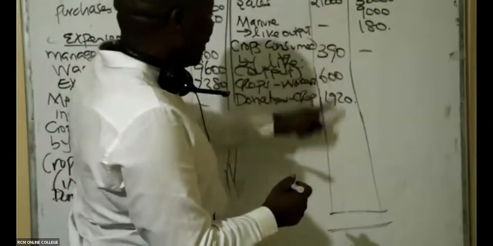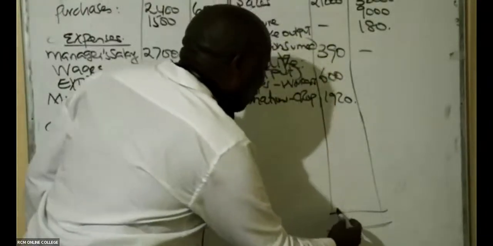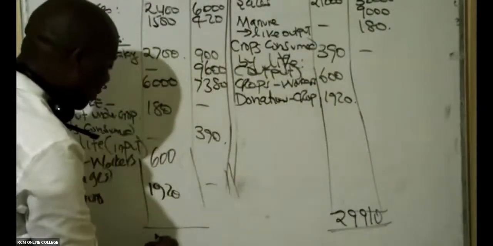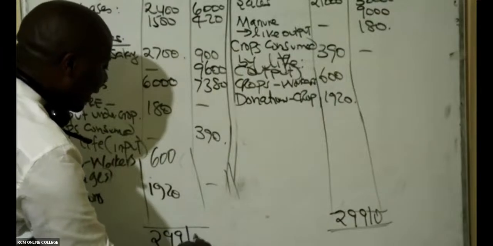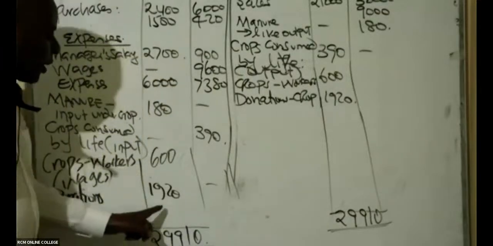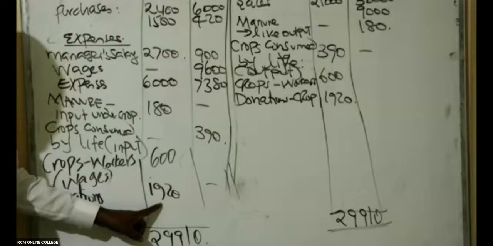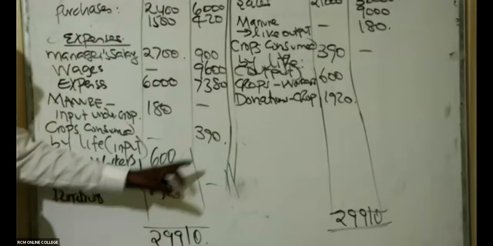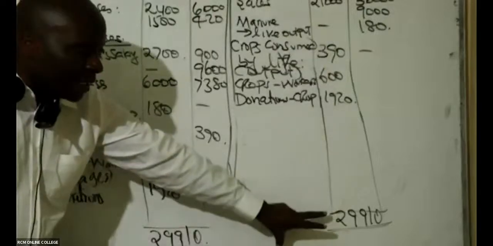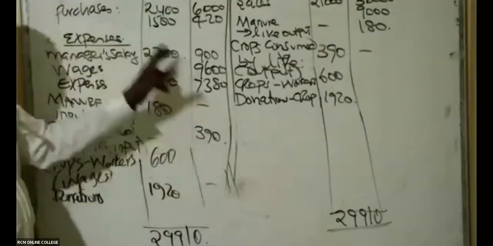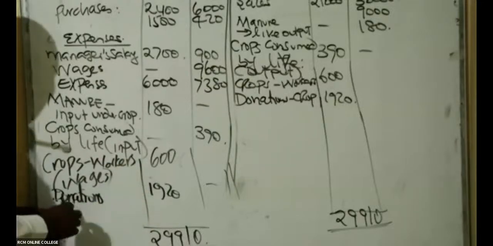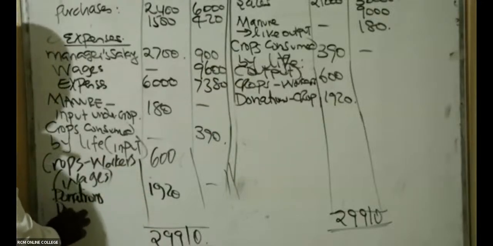She is telling me this is the bigger part, 29,910. Of course, she added all these and was able to get 27,300. So it means that this part of revenue is higher than this part of expenses and purchases. So it means that this company has gotten a profit. For crop, we have a profit.